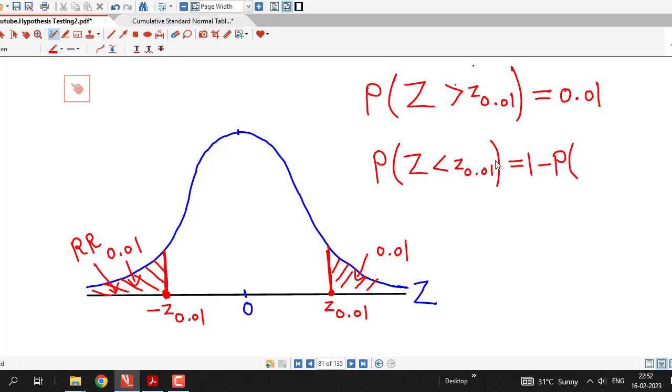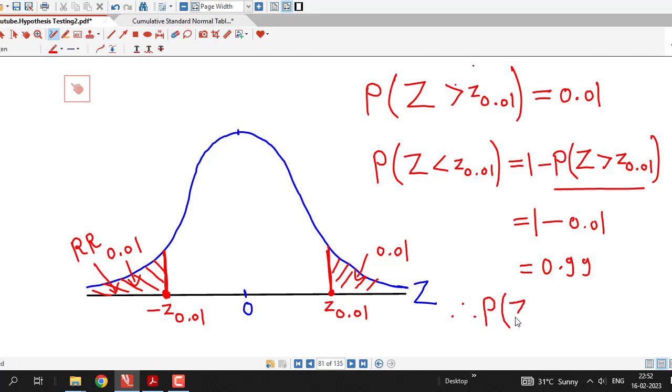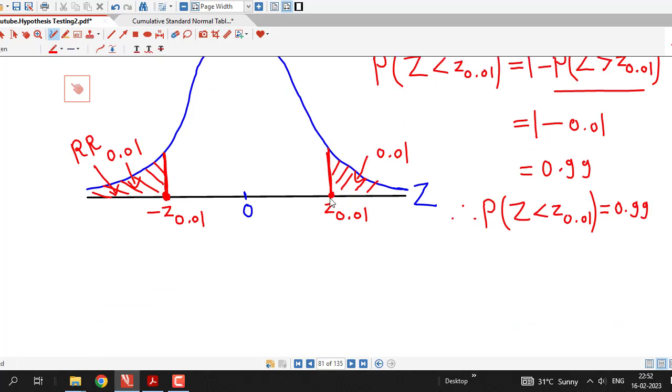Z less than z 0.01 is the complementary event of Z greater than z suffix 0.01, and we have this probability, which is 0.01. Therefore the probability that capital Z is smaller than z 0.01 is 0.99, or the area to the left of this point z suffix 0.01 is 0.99.